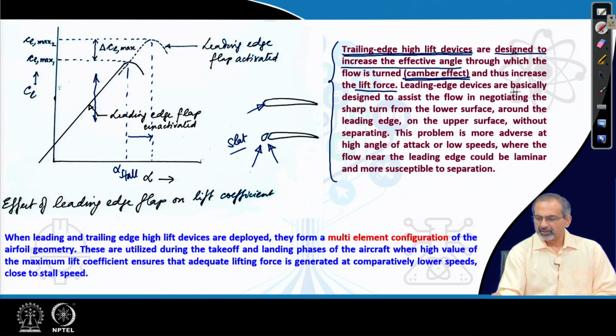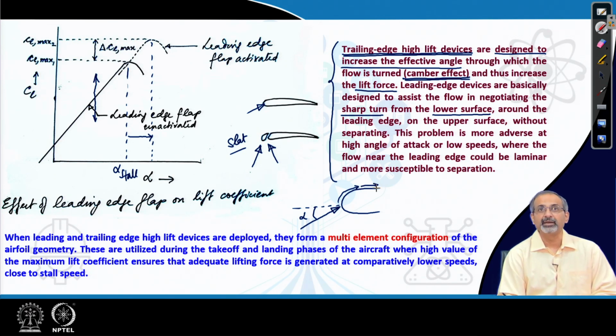While leading edge devices are basically designed to assist the flow in negotiating the sharp turn from the lower surface when the flow moves up. If you look closely at the nose region of the airfoil, and if the flow is approaching at a considerable angle of attack, then there is a very sharp turn that the flow has to take to reach the upper surface and remain attached to it.